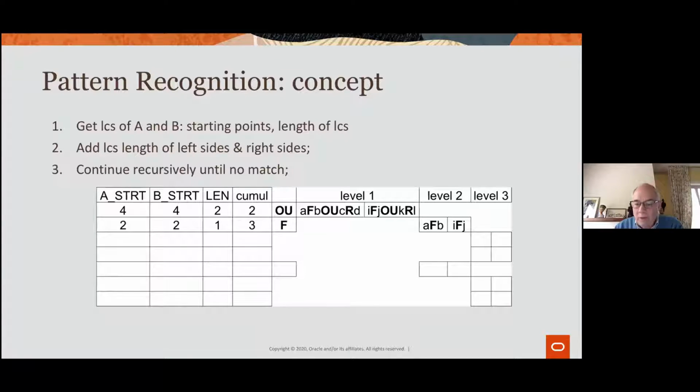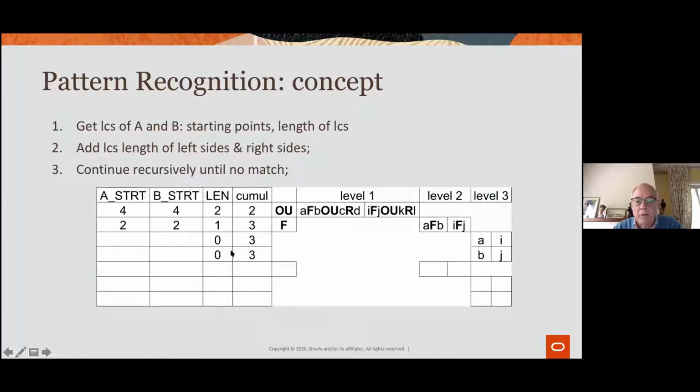So I still have to go ahead and check the left sides and right sides of my smaller strings. So now I'm looking for a common substring of A and I, of B and J, and there isn't any. I've got a length of 0, and that's what stops the recursion.